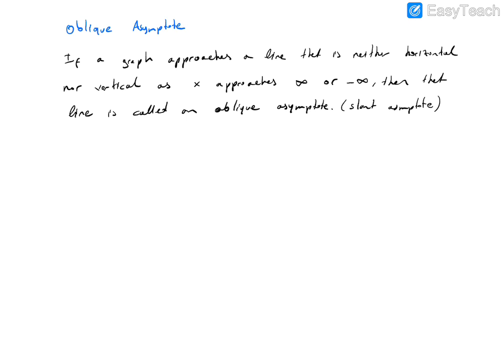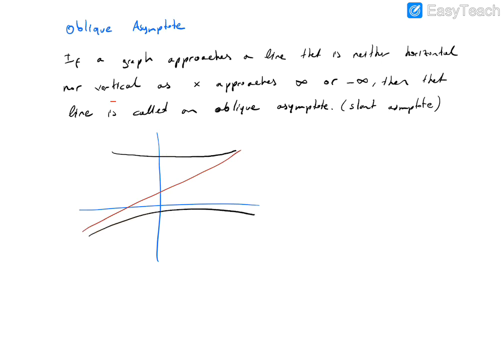So, the geometric interpretation of this fact is we have a line, not a vertical or horizontal line. For example, this line. The graph of the function approaches this line, like this one or like this one. So, if the equation of the line is mx plus b, the general form of a line, then the limit when x approaches plus infinity or minus infinity of the difference between the function value and the line, what is the difference?